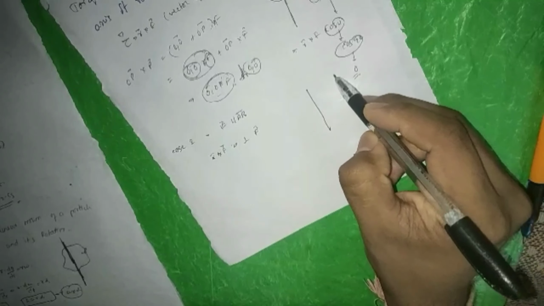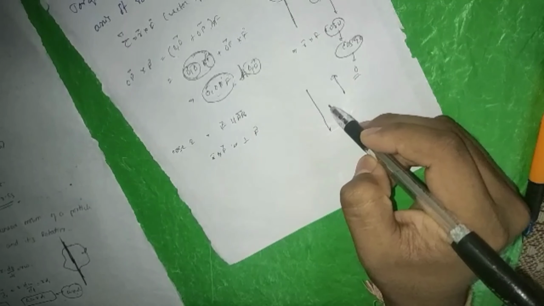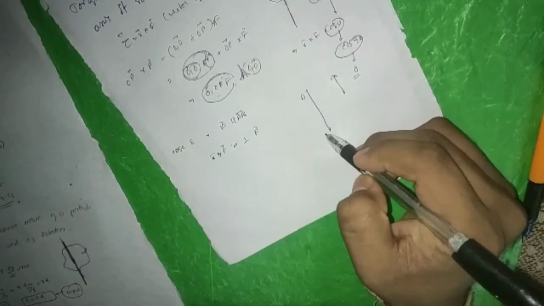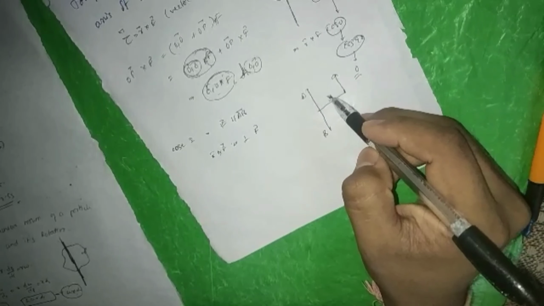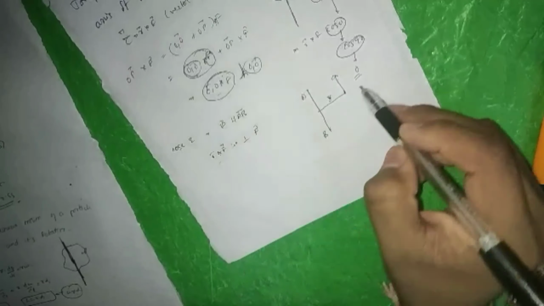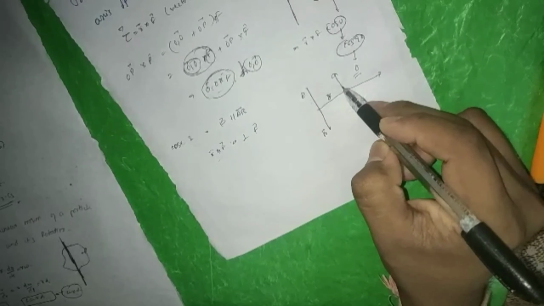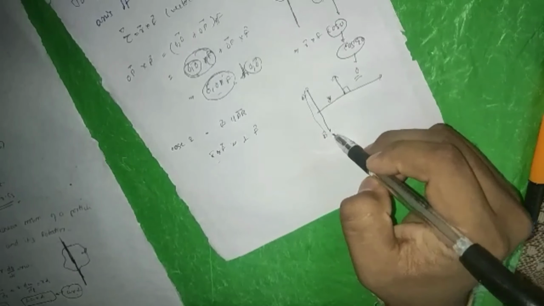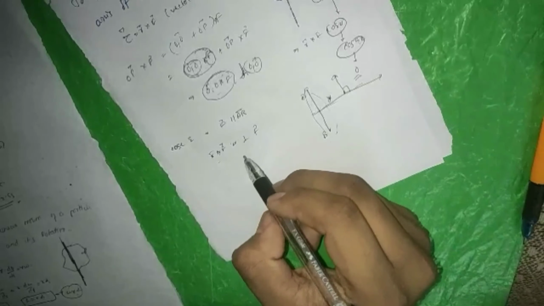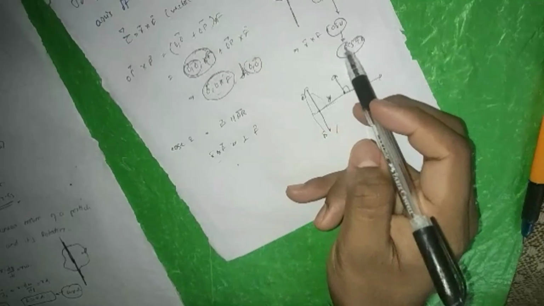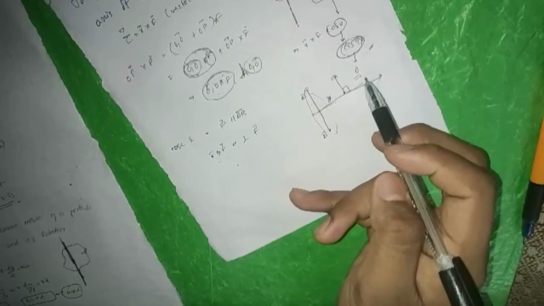Then F bar is like this, parallel to this AB bar. This is distance R. Then what will this vector R bar cross F bar be? It will be perpendicular to F bar, and again perpendicular to AB also. So again R bar cross F bar cos theta is cos 90, that is 0.